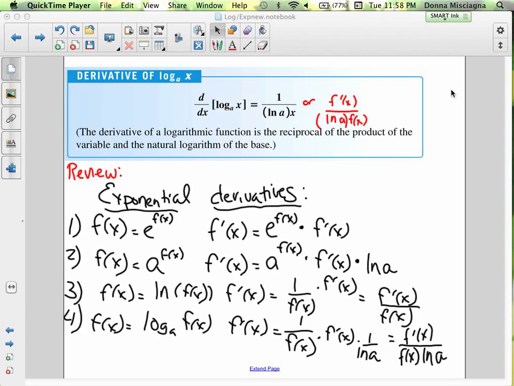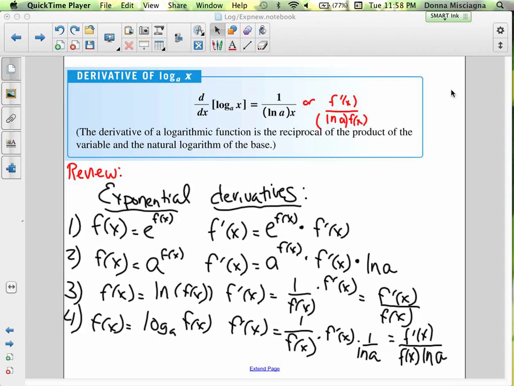Right, welcome. So now we're going to learn to take the derivative of logs other than just base e. The derivative of log base a of x is going to be 1 over natural log of a times x. Very much like when we changed from taking the derivative of e to the x to taking the derivative of some other base raised to a power, we had to multiply by natural log of the base.